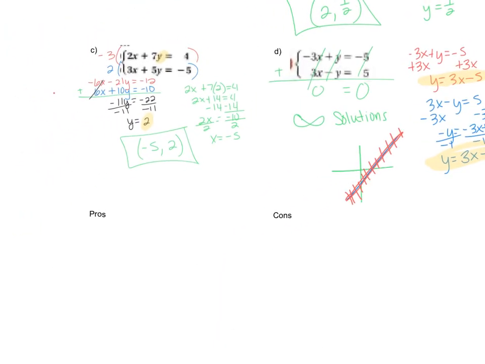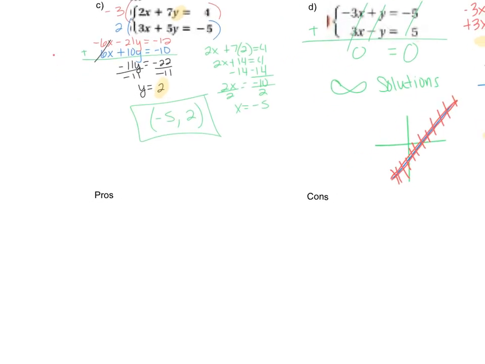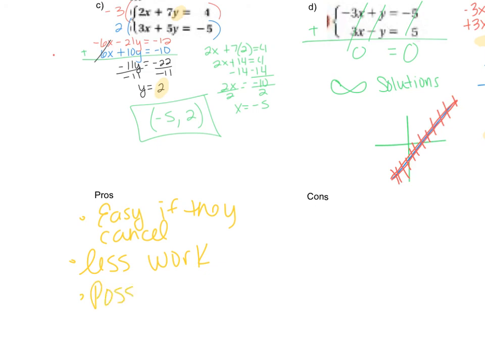Okay, let's talk about the pros and cons of elimination. So sometimes it can be easy if they cancel right away. Sometimes it can be less work if it's quicker. You can get fractions, it's possible to get fractions and decimals.